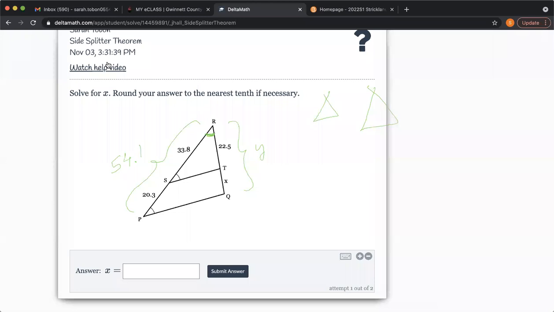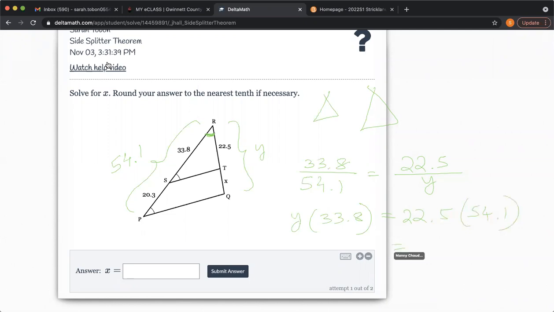So when you do 33.8 divided by 54.1 equals 22.5 over Y. Cross multiply: Y times 33.8 equals 22.5 times 54.1.